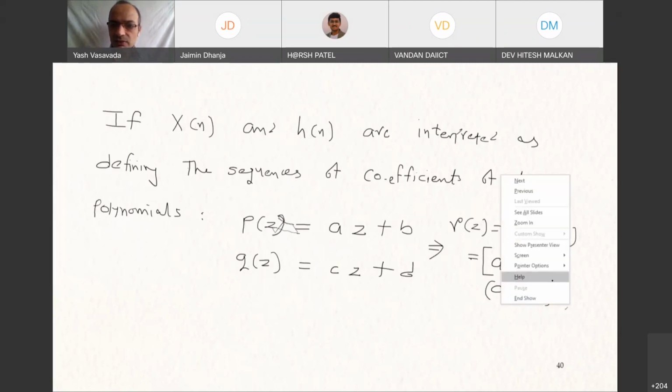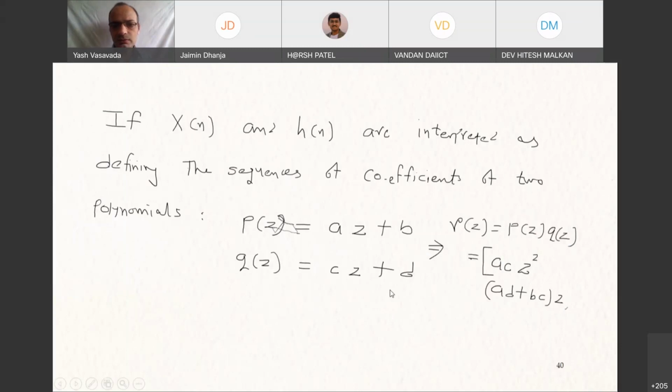Sorry, this is not a plus here. Sorry about that. This is a sequence, so there is a comma here. And then finally, we get BD.